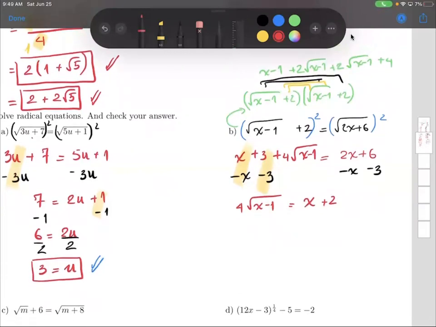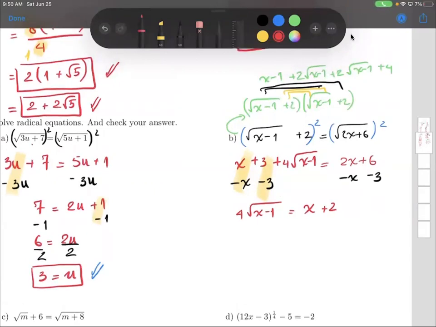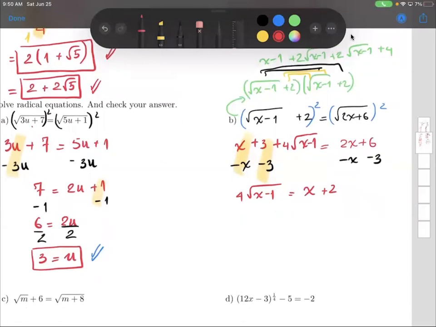But at the end, I don't want it to be a fraction. Darn it. Oh, why does it have to be this way? Hang on, let me fix it up a little bit. I'm sorry. On the exam your numbers will be very nice.